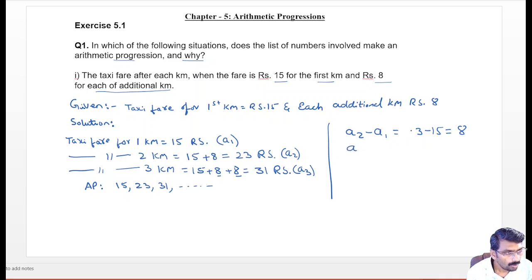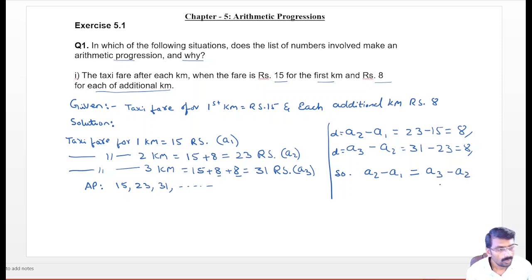Similarly, A3 minus A2 is equal to 31 minus 23, which also gives us 8. So here the common difference d is equal in both cases. So we can write A2 minus A1 is equal to A3 minus A2.